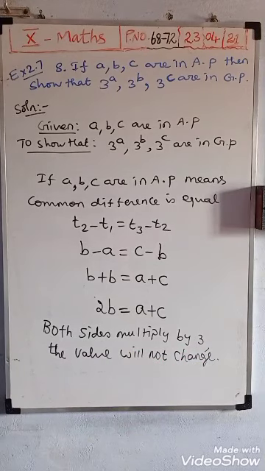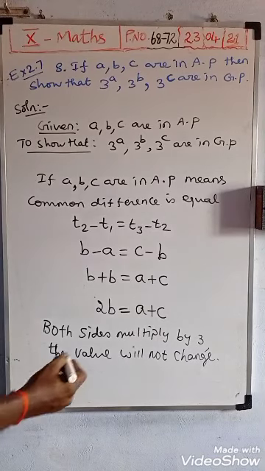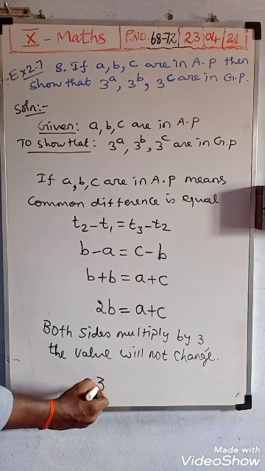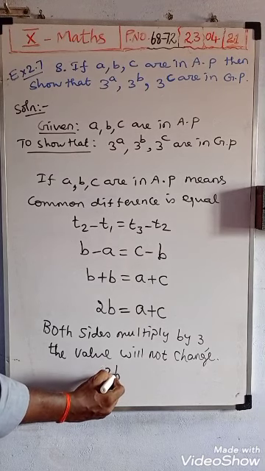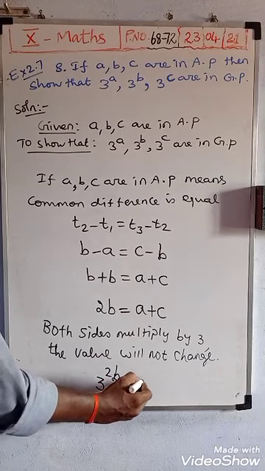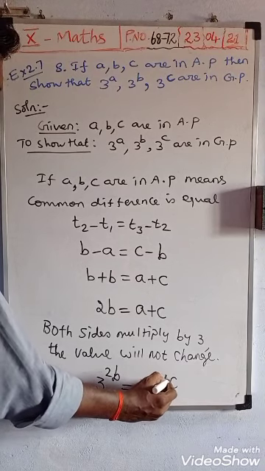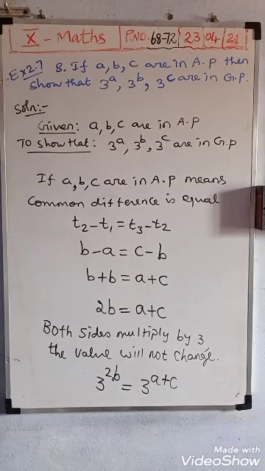Same number you are multiplying on both the sides, the value will not change. Now you want to take 3 as the base. So 3 power 2b is equal to 3 power a plus c.